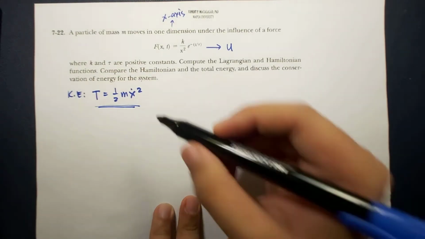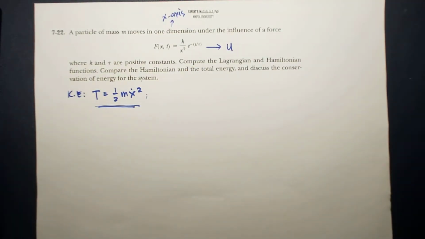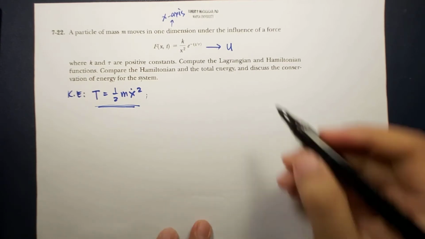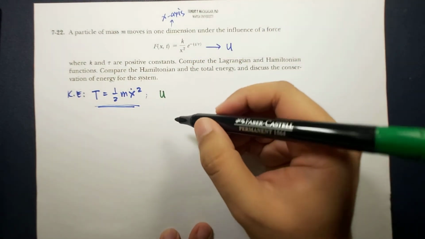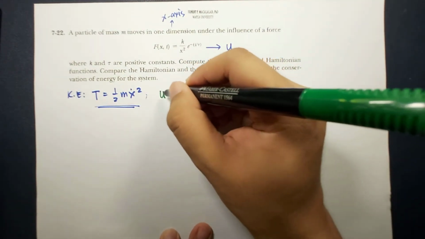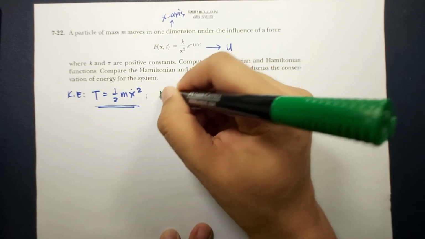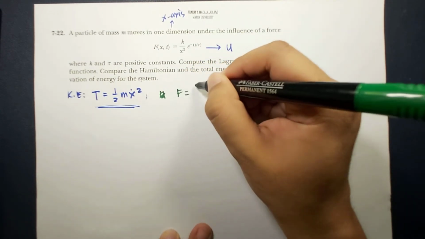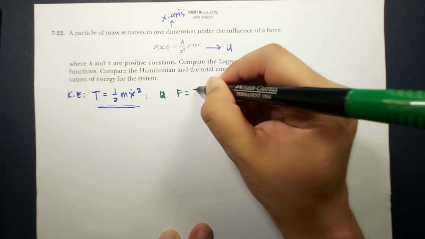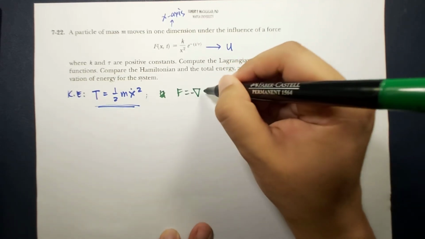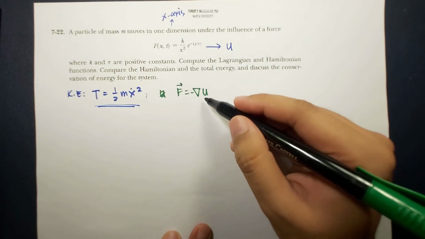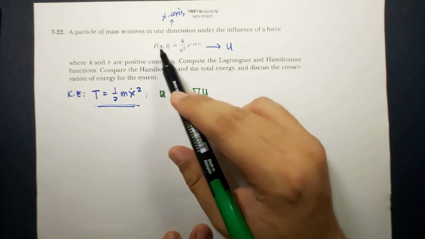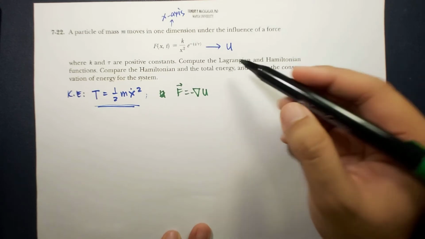Okay, now on the other hand, the potential energy U. We know that the force is the negative gradient of the potential energy, because the force is along one direction, which is x.